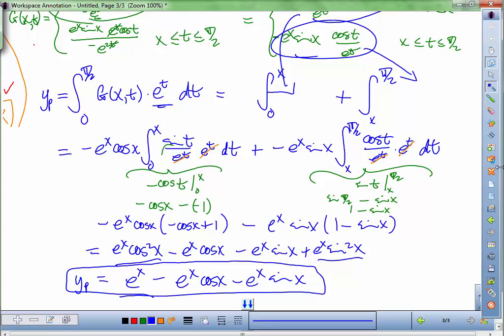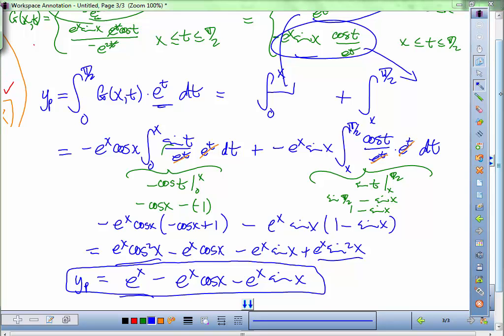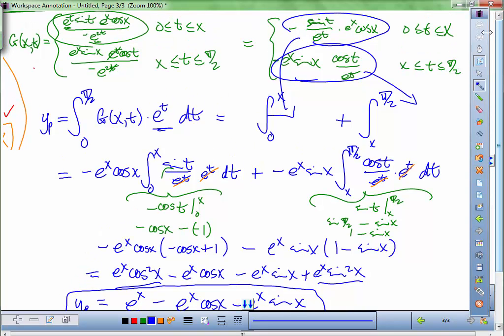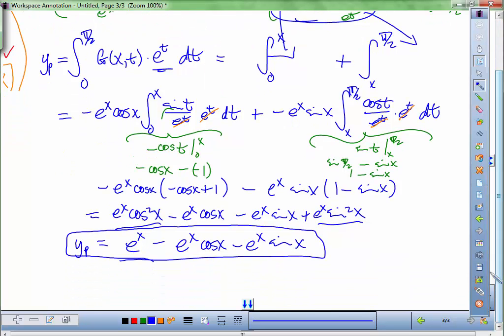No, because this is a boundary value problem. So with a boundary value problem, you're looking for just the final answer. So this is it. This is your particular solution.